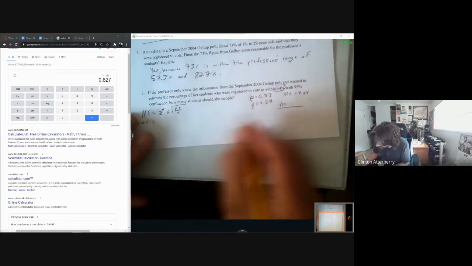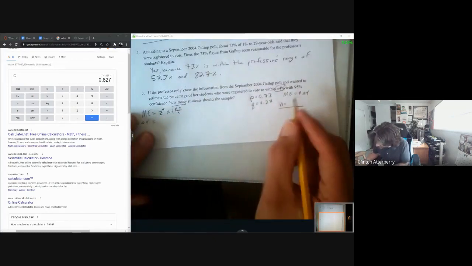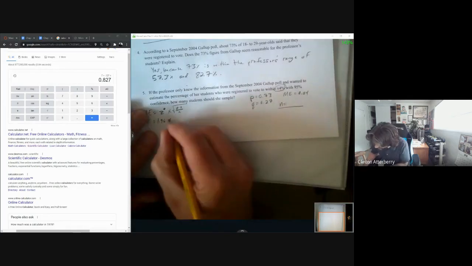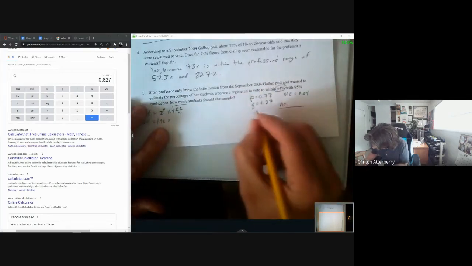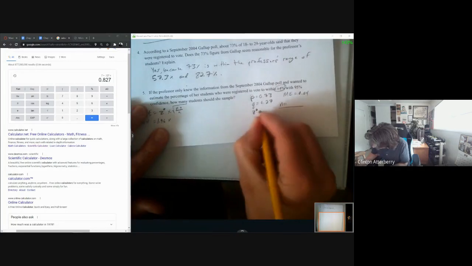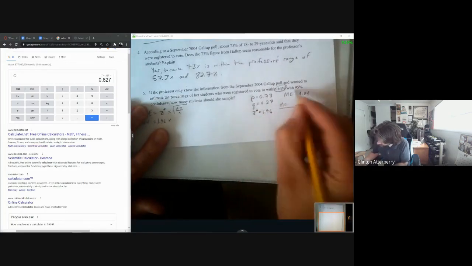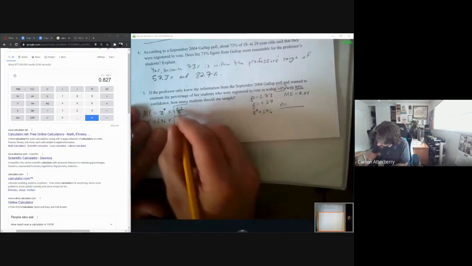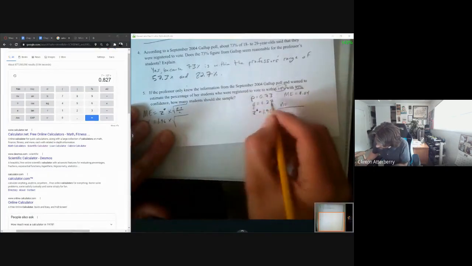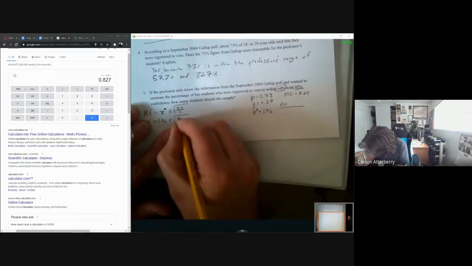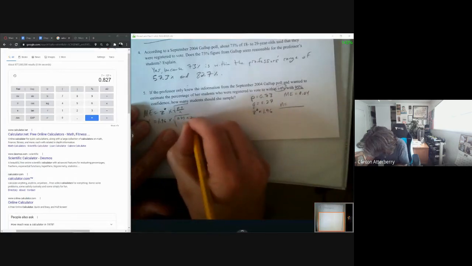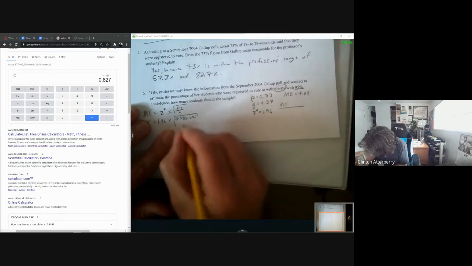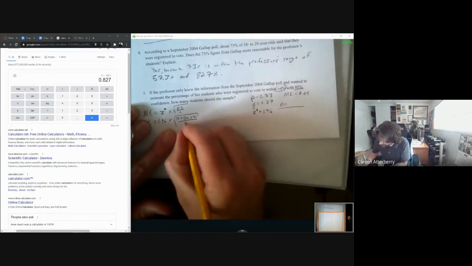Our Z star is going to be 1.96 still because it says 95% confidence interval. And then the square root of P times Q divided by N will be 0.73 times 0.27, all divided by some N value.